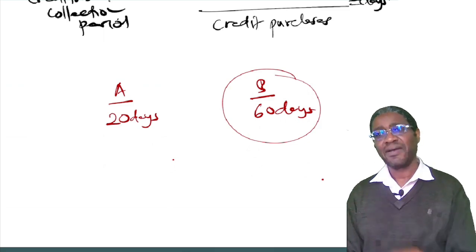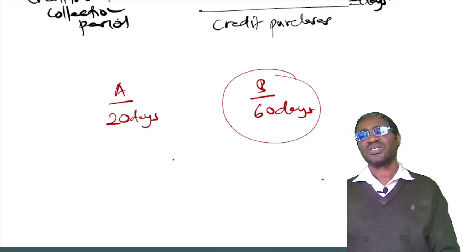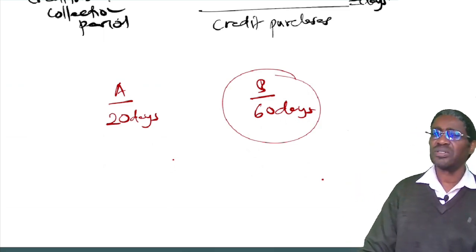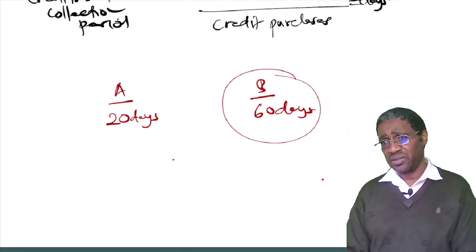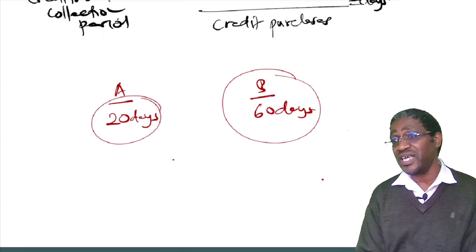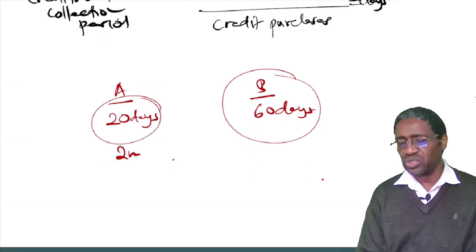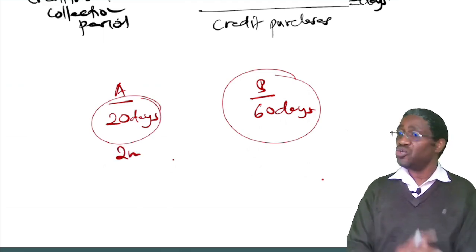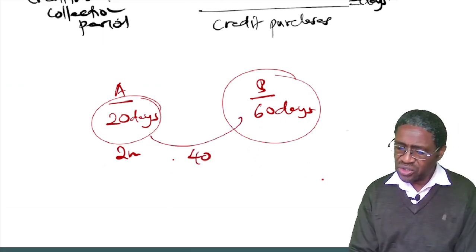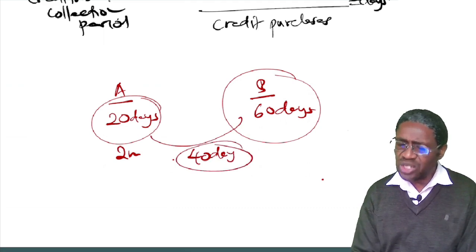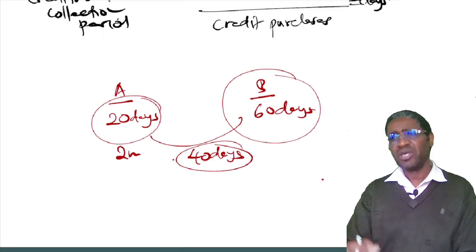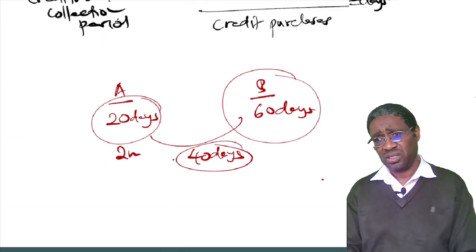Two, the longer the period, the better the firm, because look at company A. Company A has already paid by the 20th day. They have already paid their 2 million to the supplier. You, company B, have another 40 days to utilize your 2 million elsewhere to generate profit before the date of payment comes.